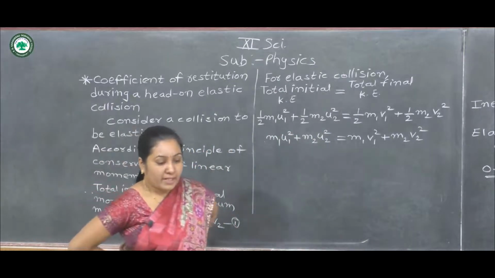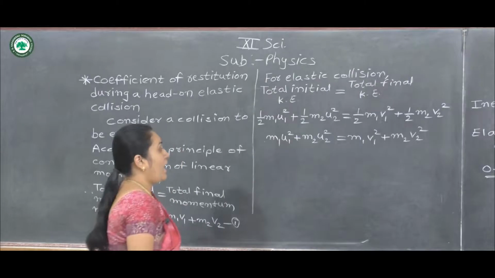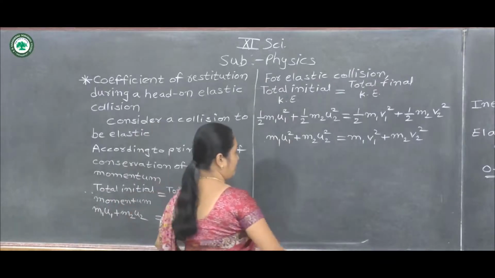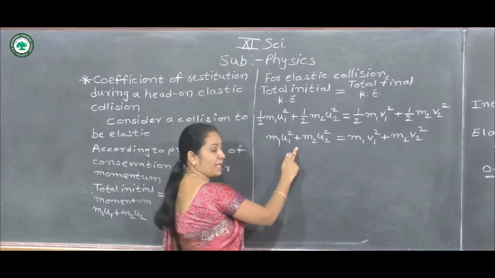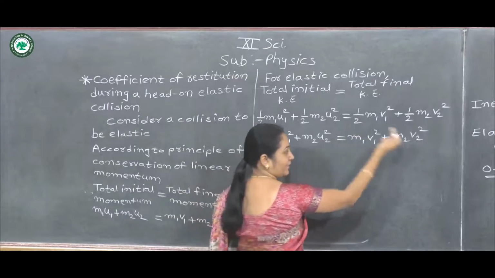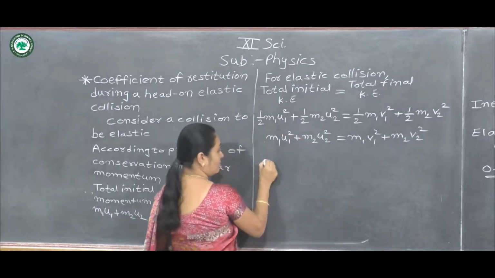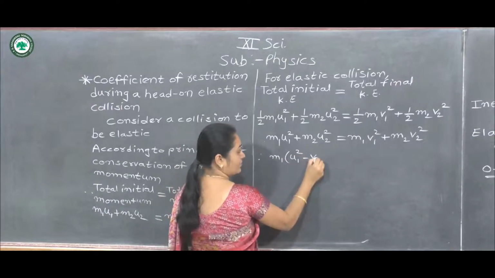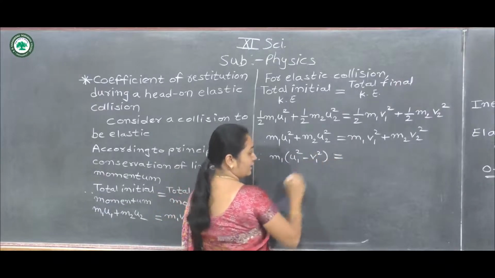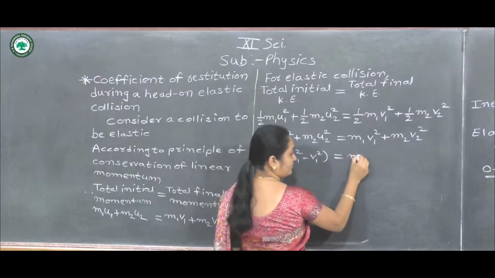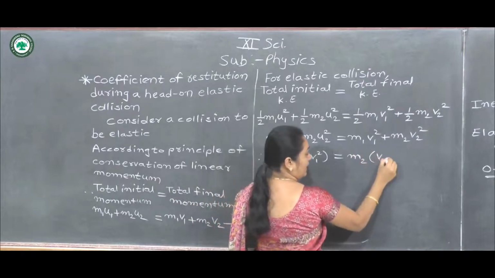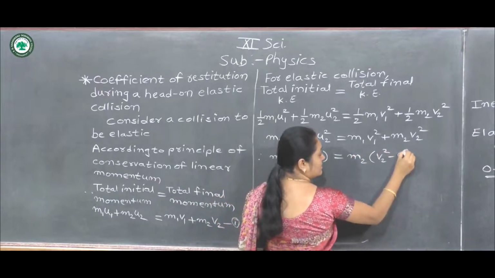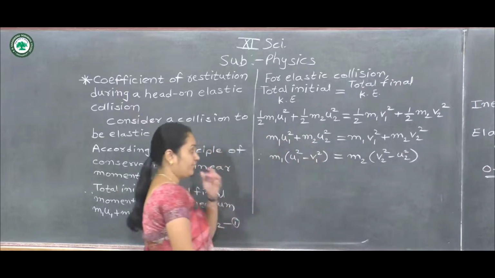Now we have to take common here m1 and m2. So this term will be in LHS and this term will be in RHS. So therefore m1 in bracket u1 square minus v1 square is equal to m2 in bracket v2 square minus u2 square.